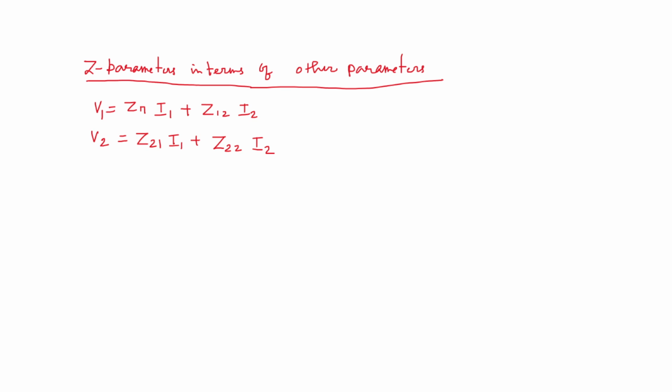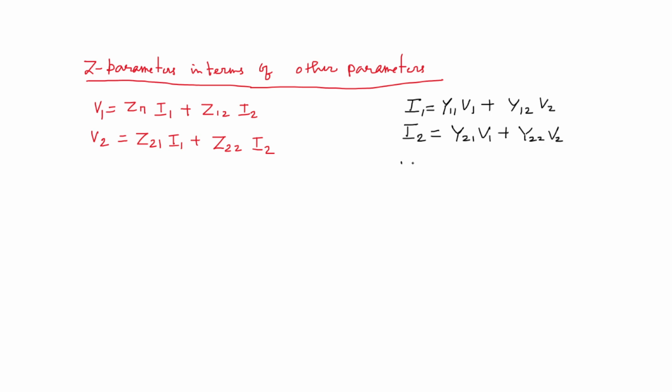So now we have our next parameter, which is Y parameter. So what is Y parameters? I1 is equal to Y11 V1 plus Y12 V2, and thereon second equation, I2 is equal to Y21 V1 plus Y22 V2.